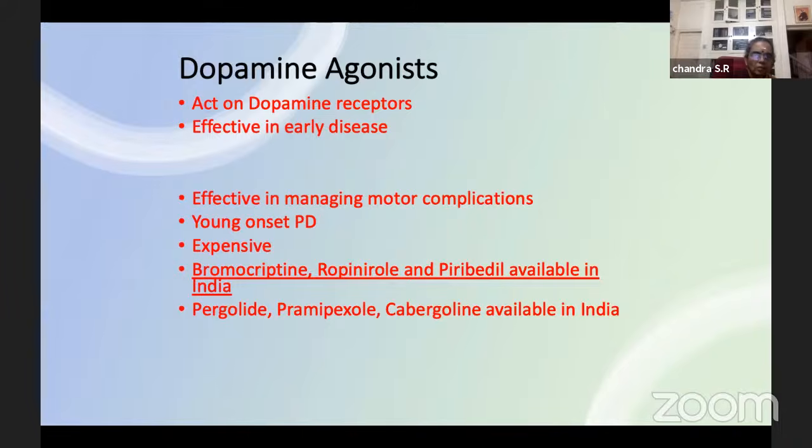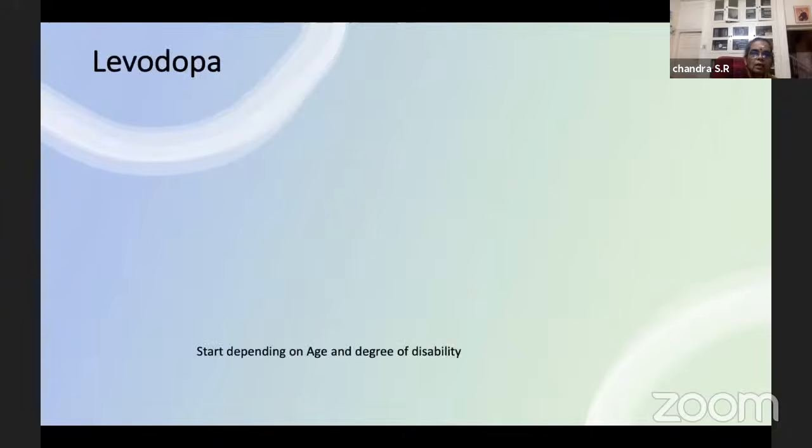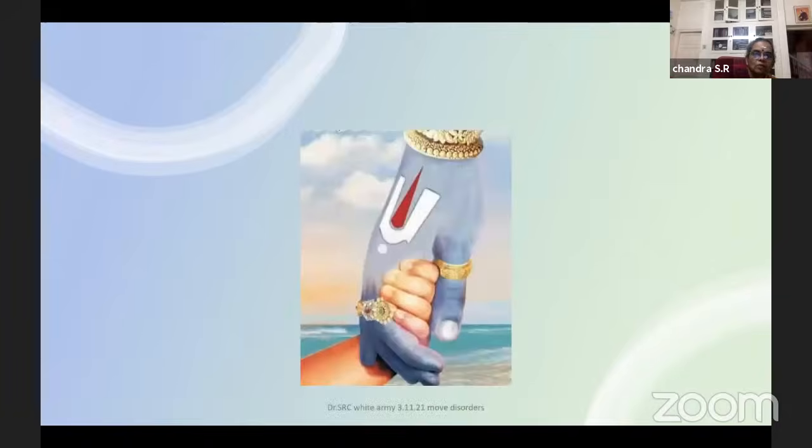Even though it is suggested that you can start and it doesn't really affect, it is better to start with a dopamine agonist first and preserve levodopa for the late phases, because it is the most effective. It can be used as a test to know whether it is idiopathic Parkinsonism. But nowadays people say you give the benefit of dopa to every patient; it is better to reserve it till late so that you have some treatment options till late.